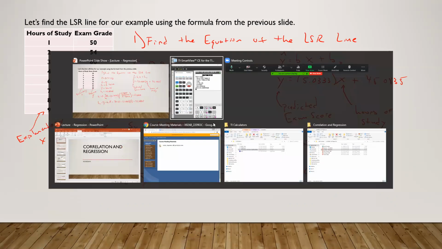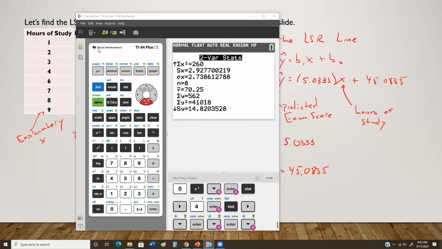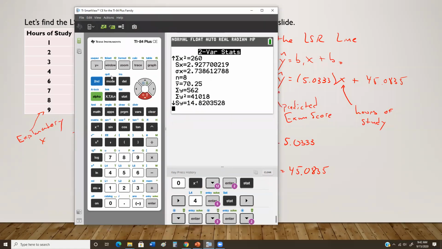Okay. So everybody grab their trusty calculator again. So what I want to do just to see how well this line fits the data, I want to plug the line actually into my graphing calculator. So everybody hit the y equals button on their calculator.